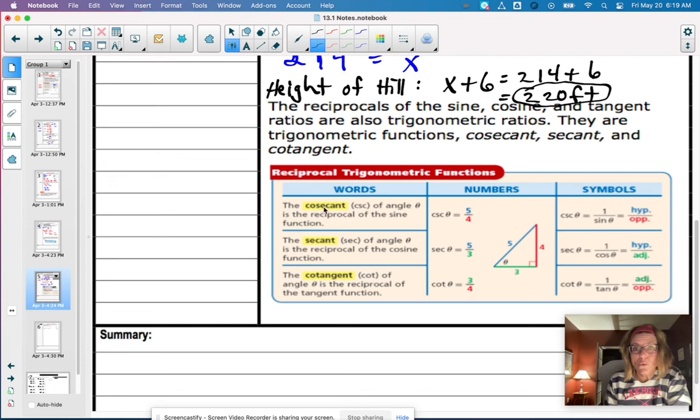So cosecant is the reciprocal of sine, secant is the reciprocal of cosine, and cotangent is the reciprocal of tangent. So it's as easy as, if sine is 4/5, then cosecant is 5/4. The 5 goes on the top, the 4 goes on the bottom. Same with secant and cotangent.